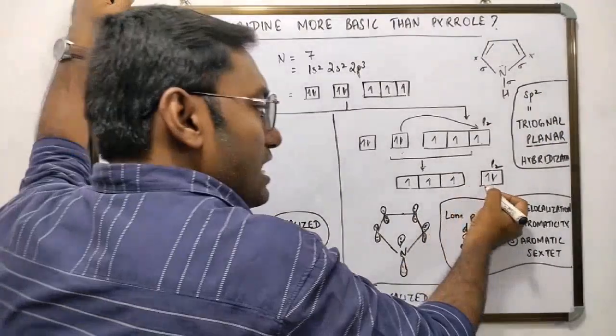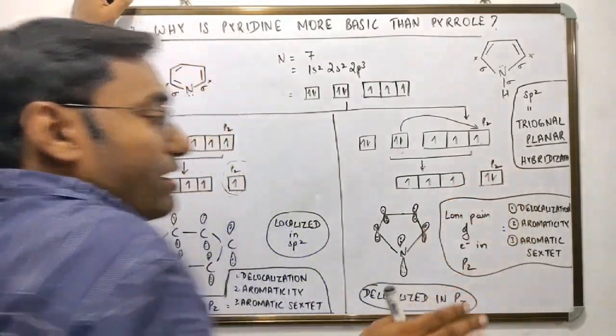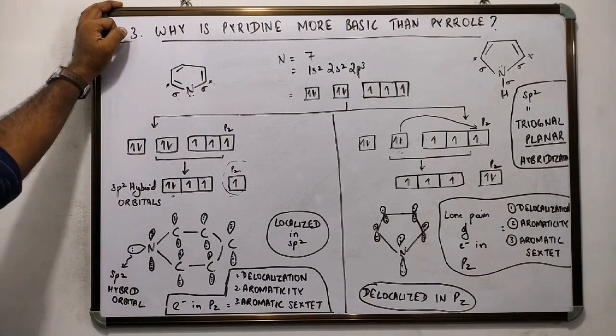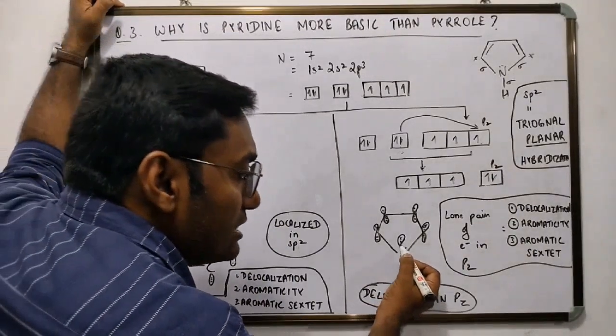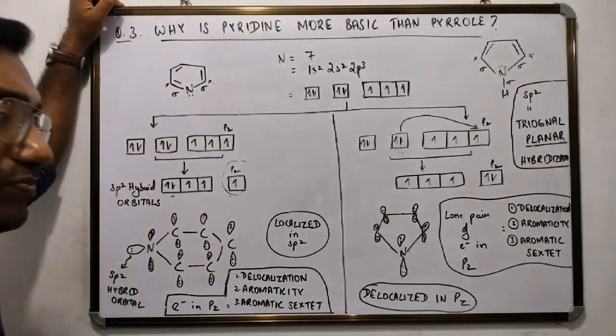Now there is an unhybridized pz orbital which consists of the lone pair of electrons. Because it has not taken part in any kind of hybridization, it lies perpendicular to the plane of the molecule.